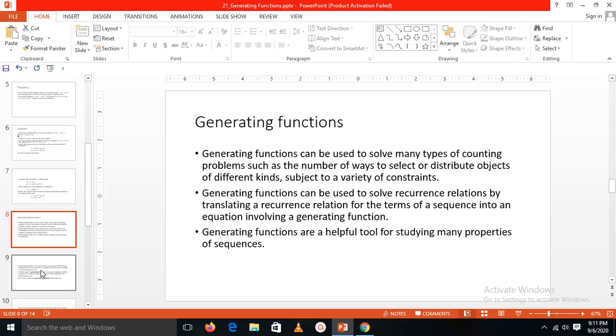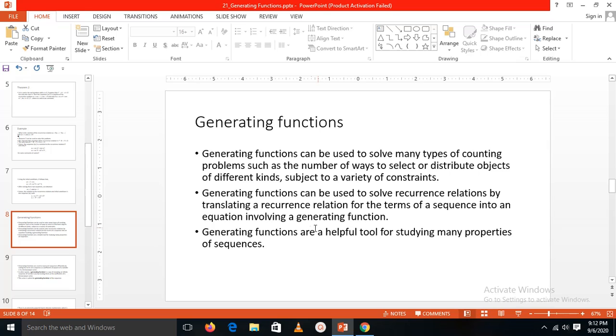Now these generating functions can also be used to solve the recurrence relations by translating a recurrence relation for the terms of a sequence into an equation involving a generating function. Means this generating function can also be used to solve the problems of the recurrence relations.